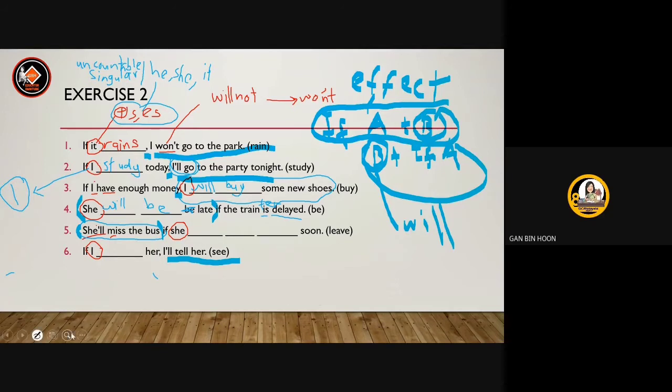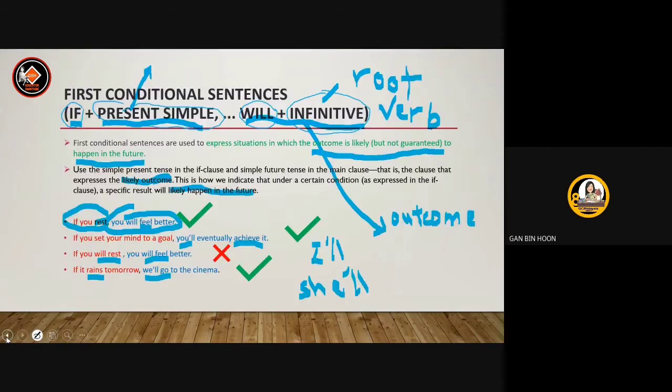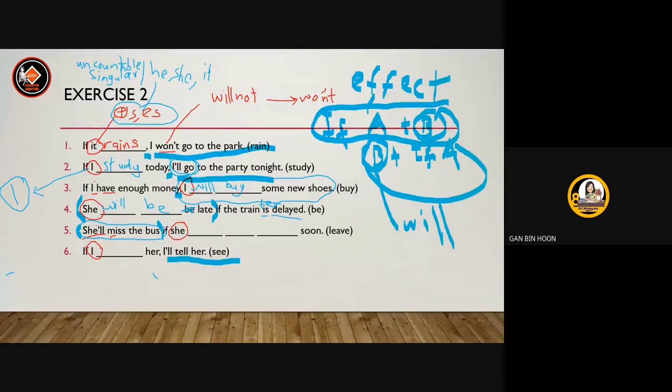Okay, dia mesti apa? Tengok. Okay, dia kena present tense. Am I right? Dia kena present tense. So what's the present tense? Sebab ini dah ada will. So tak boleh will. So ini adalah present tense. So she will miss the bus if she.